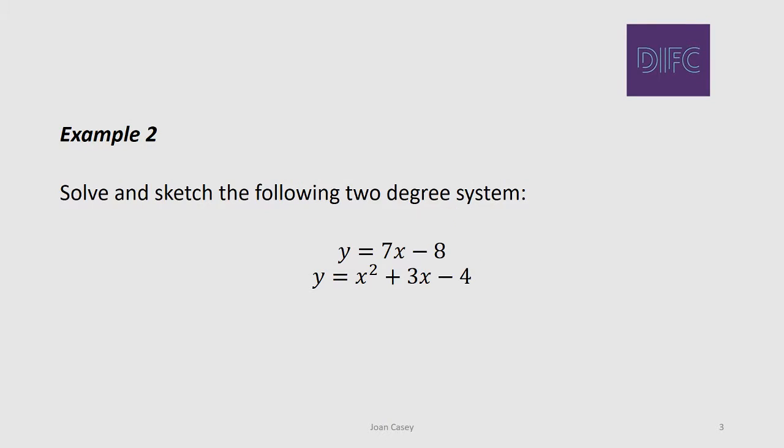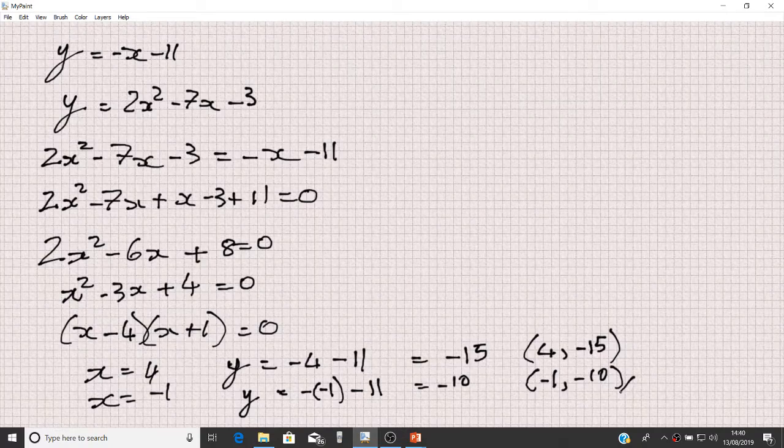So example 2 is solve and sketch the following two-degree system. This time the linear is y equals 7x minus 8, while the quadratic is y equals x squared plus 3x minus 4. And we'll just skip across to the notepad and take a look at each of those equations.